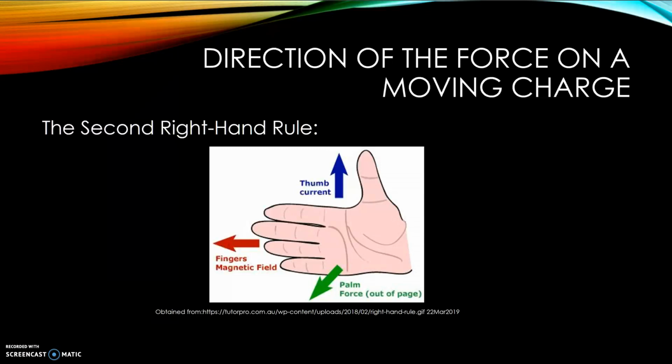So the second right-hand rule: you orient your fingers in the direction of the magnetic field lines. Your thumb, it says direction of the current, so that's the direction of the positive charge.